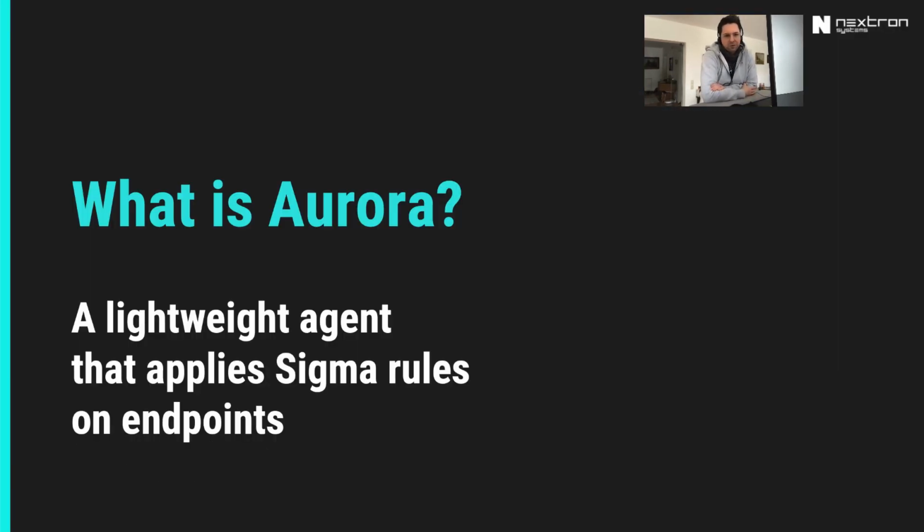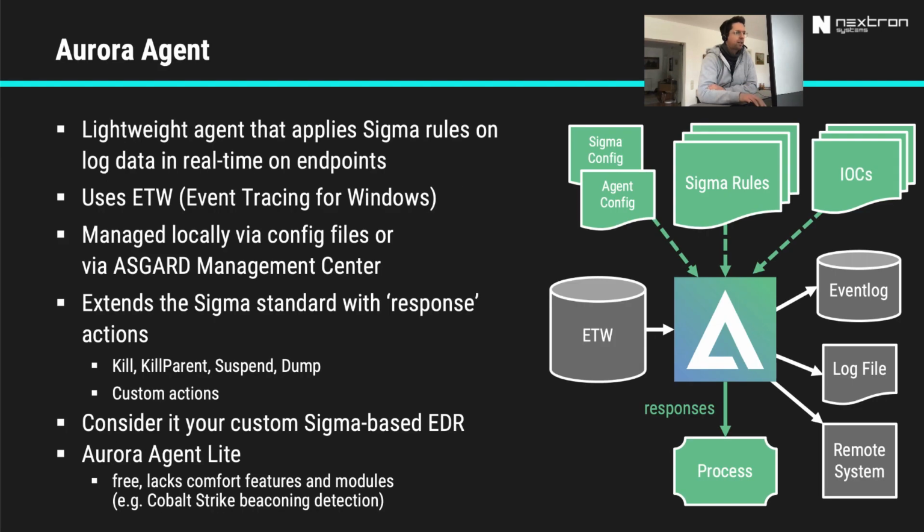For everyone who's new to the idea or to that product that we are going to release, Aurora is a Sigma-based agent that applies Sigma rules on endpoints. It does this directly on the endpoint using data that it observes in ETW event channels.